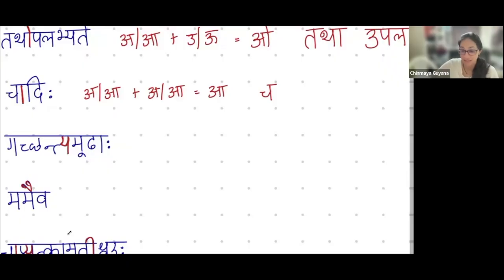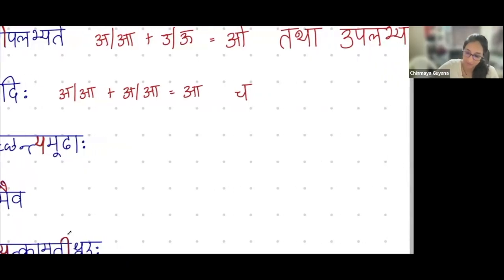And ādihi is the other word, not adihi, ādihi. Okay. Chā ādihi becomes chādihi.